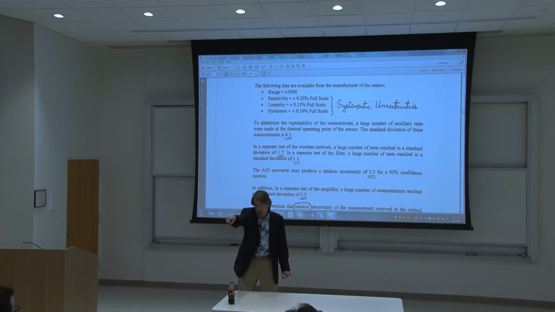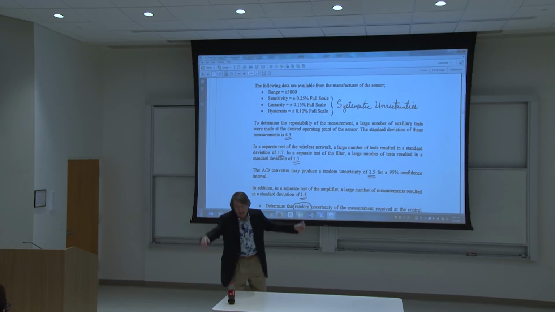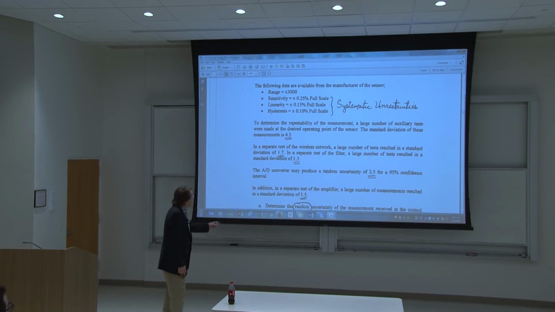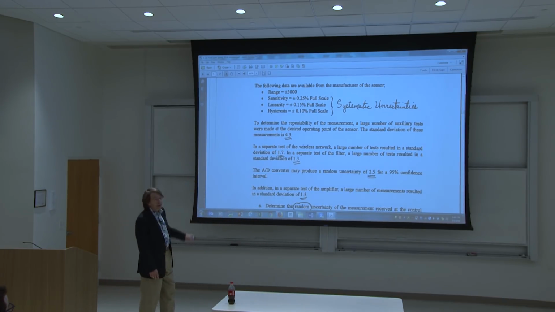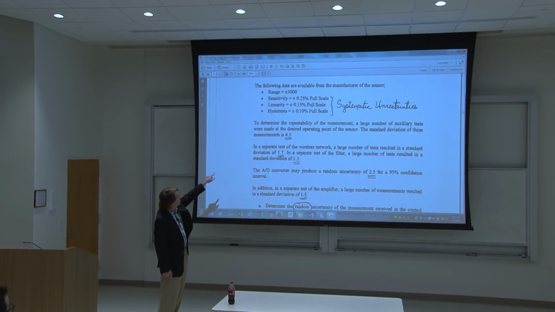This is systematic. Sensitivity, linearity, and hysteresis: 0.25 over 100, because it's percent, times 3,000 is going to be the systematic error for sensitivity.